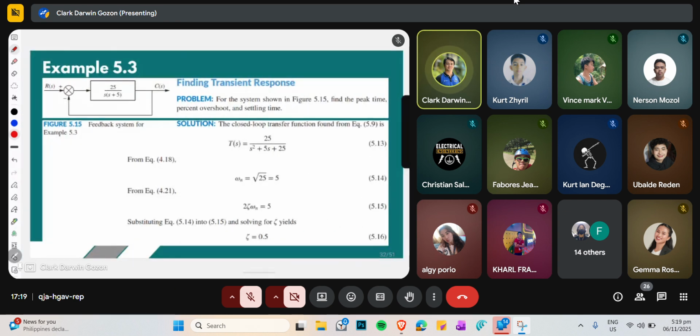So, this is also a problem in the book. Basically, similar to earlier, you just simply determine the peak time, the percent overshoot, and the settling time of your system.